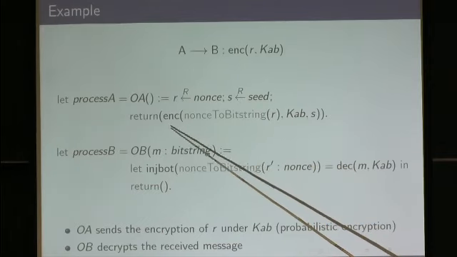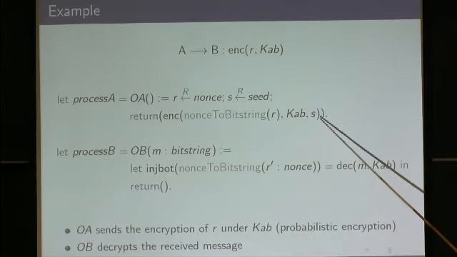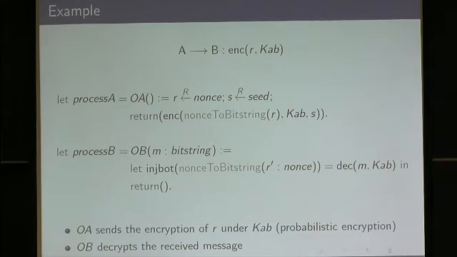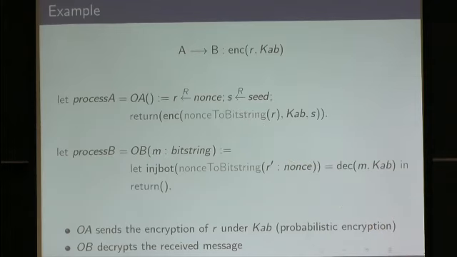And then it encrypts that nonce under the shared key KAB and using the random seed S. This nonce to bit string is just a type conversion that does not transform the bit string, but it transforms something of type nonce into something of type bit string. You can ignore it if you like, it's not that important.